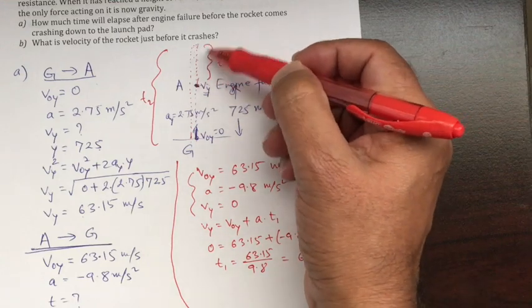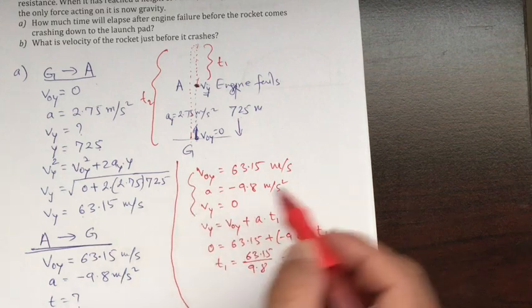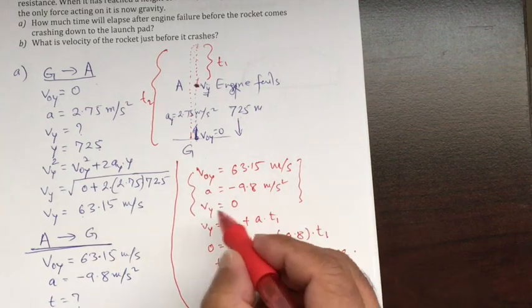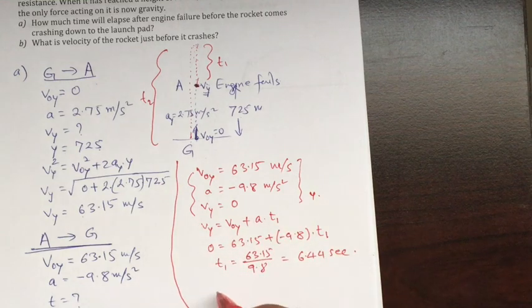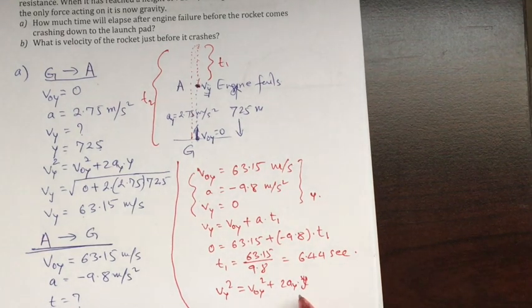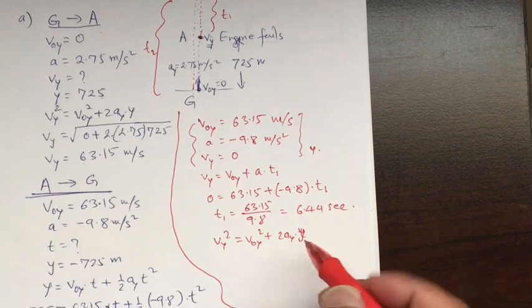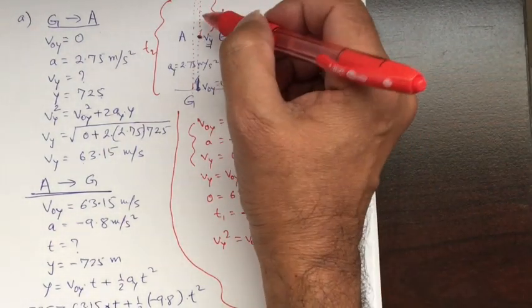How you get this displacement from here to here is the same thing. Now just use the other formula, which is vy square equals v0y square plus 2ay times y, right? If you use this, you can find the displacement, which I'll call y1.